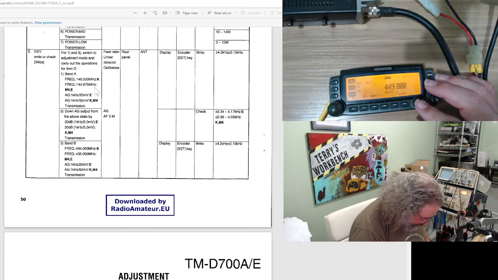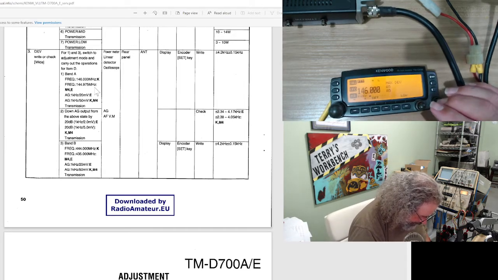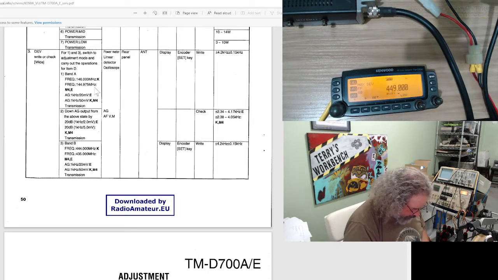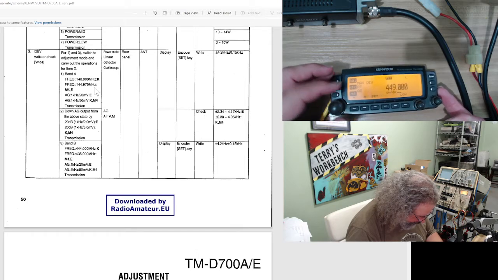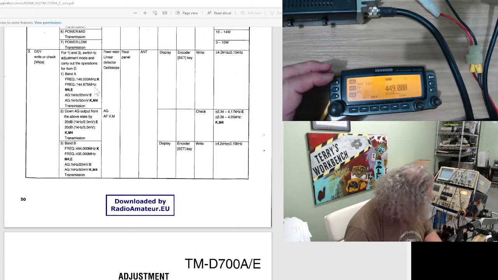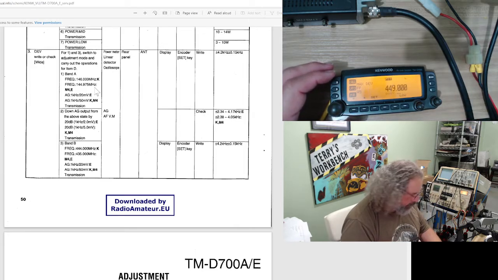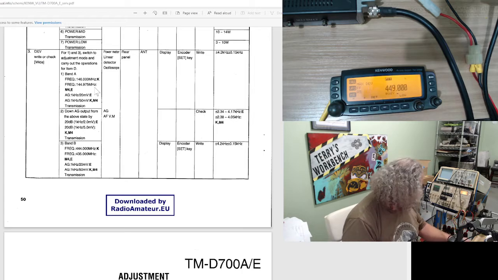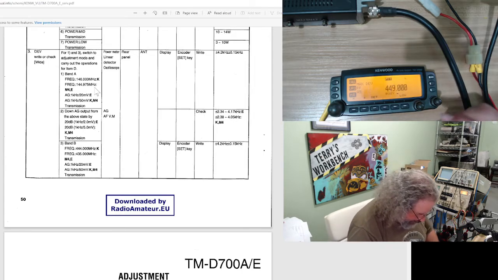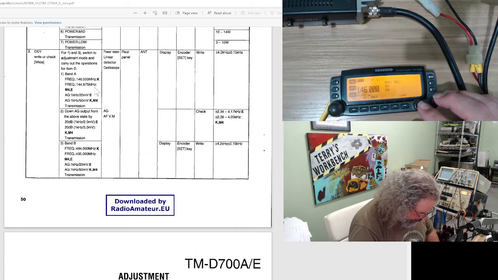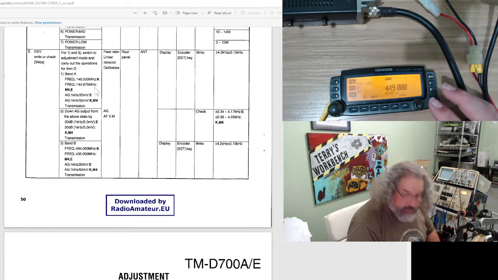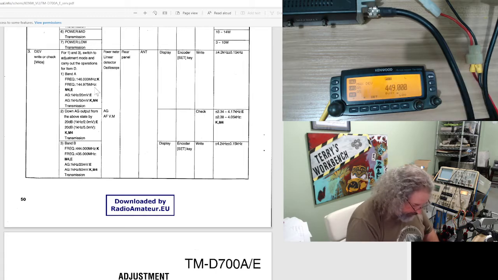So, in the absence of that, I am going to adjust this to A5, just like it is on the other band, which is a long way from FF, which is where it was set.